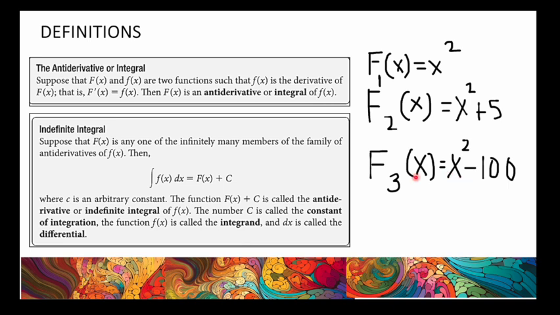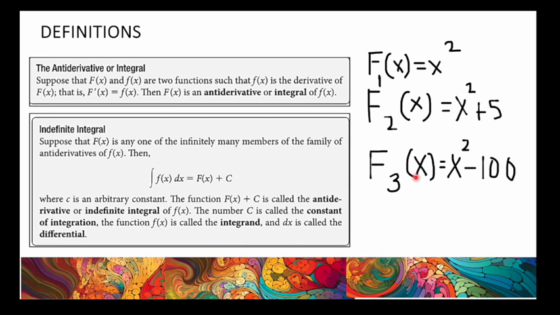Notice that if I take the derivative of each and every one of these, the derivative, no matter what, for all of these is going to be 2x. Even though the functions are different, notice that the constant is different. In F1, the constant is 0. In F2, the constant is 5. And in F3, the constant is minus 100. So when we take the derivative of this, we get 2x.